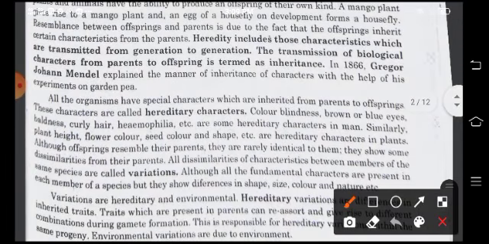All the organisms may have special characters which are inherited from parents to offsprings, and these characters are known as hereditary characters. Like color blindness, brown or blue eyes, baldness, curly hair, all these are hereditary characteristics.